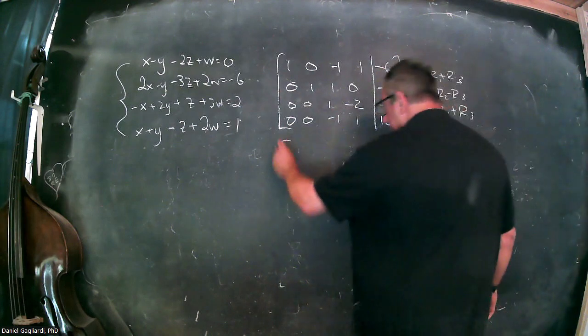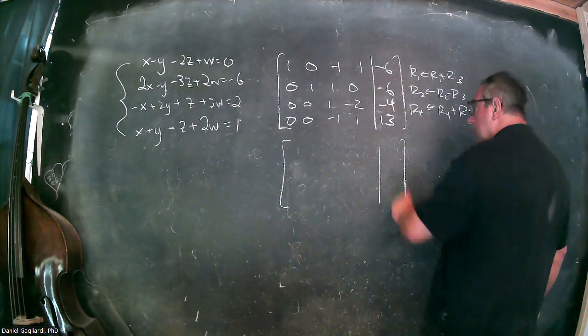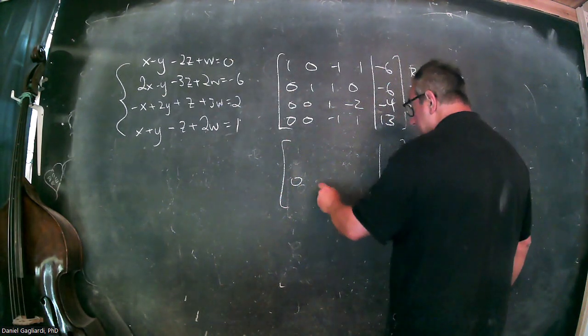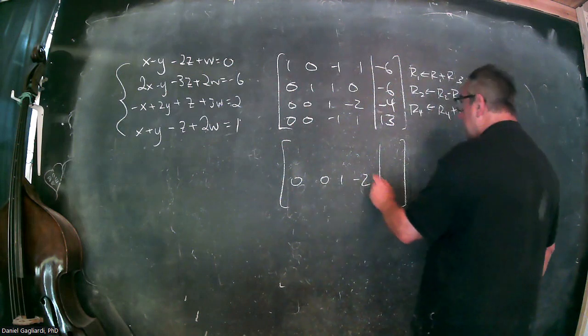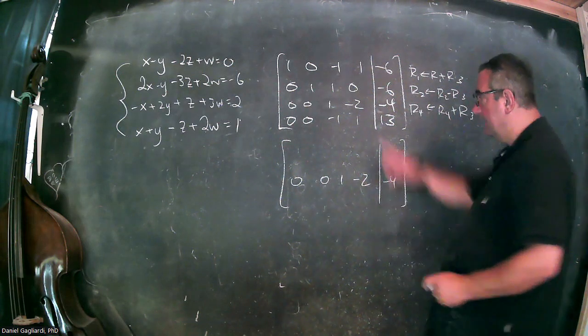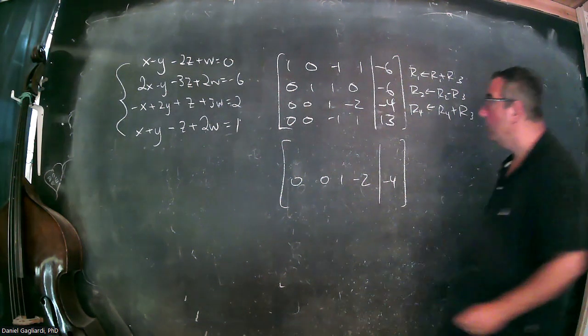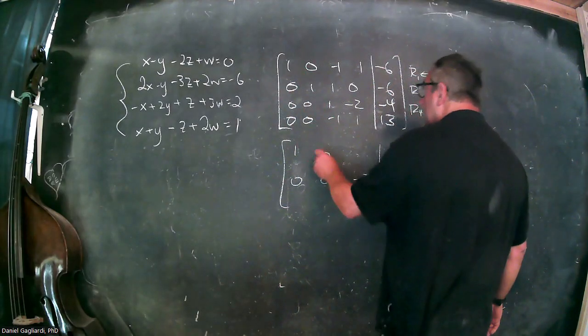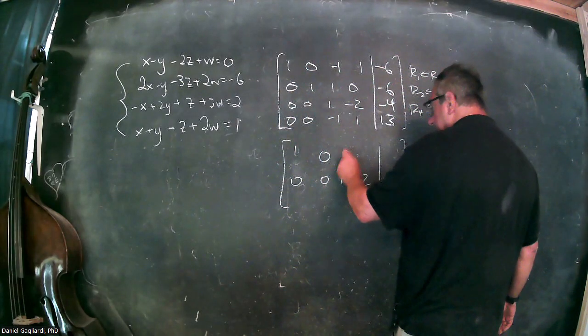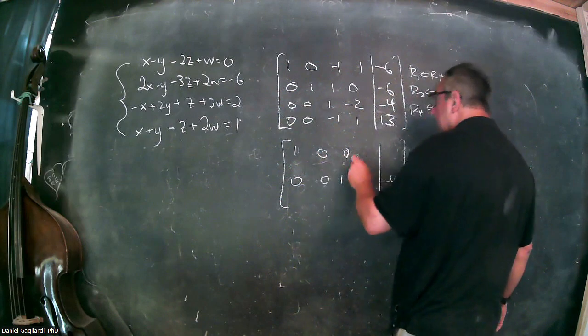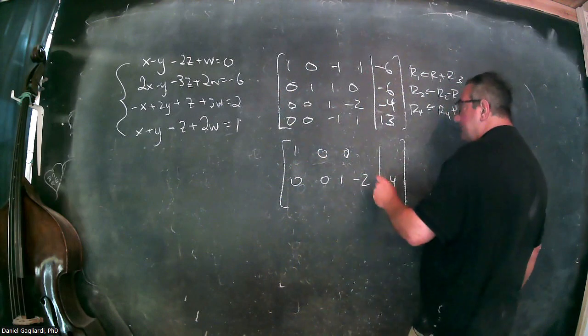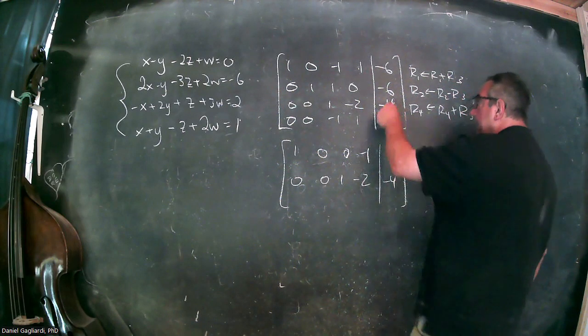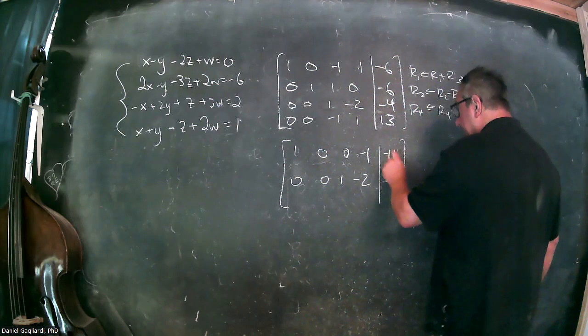Let's see what we yield. So row 3 remains intact: negative 2, negative 4. And so I add row 3 to row 1, and what do I get? I get a 0, I get a 0 as desired. Negative 2 added to negative 1 is negative 1, and negative 4 added to negative 6 is negative 10.